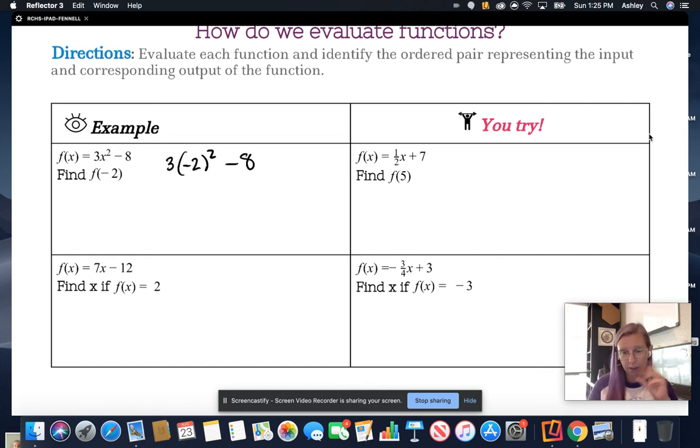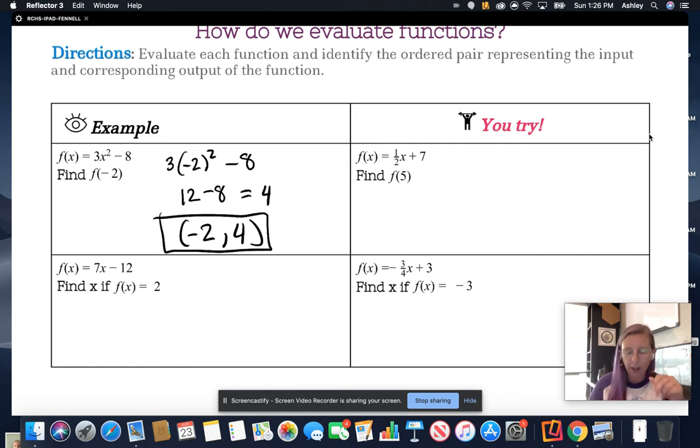Order of operations tells me to do my exponents first. So I get 3 times 4, positive 4, which is 12, minus 8 equals 4. So I know that f of -2 equals 4, which means when I plug in -2, my output will be 4. That is the ordered pair that represents that point on the function.